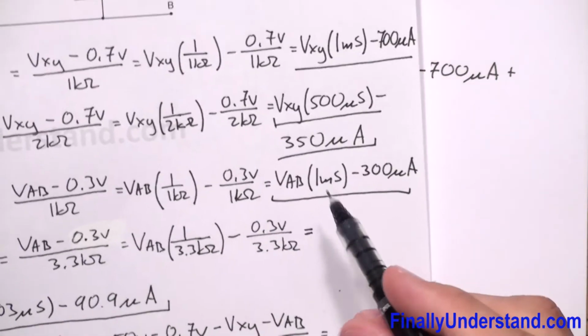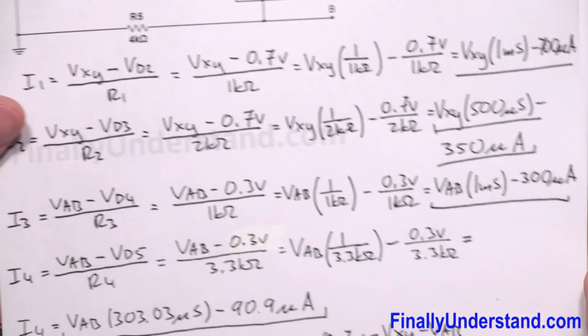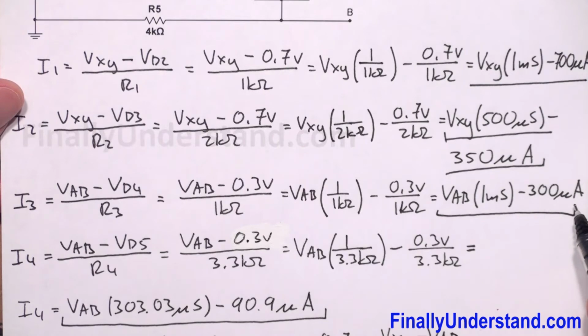Okay, so I3 is VAB times 1 millisiemens minus 300 microamps.